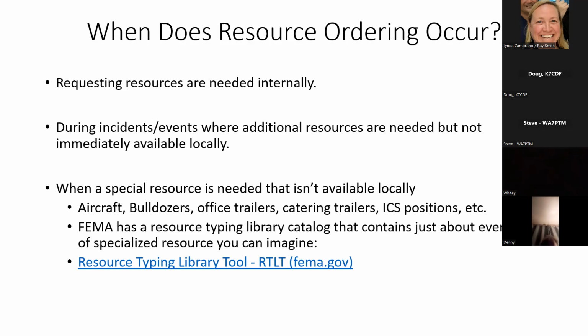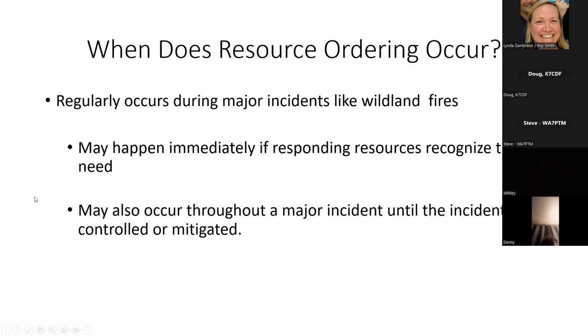When you say I want a type 3 engine strike team, I would know what I was going to get, which is a leader with communications and five type 3 engines, which are primarily wildland. So it speeds up the whole process. I'll get in a little more on resource typing and ordering as we go on here. And it does regularly occur during major incidents like wildland fires.